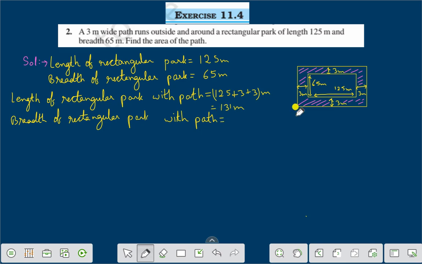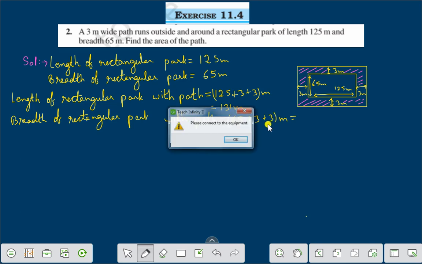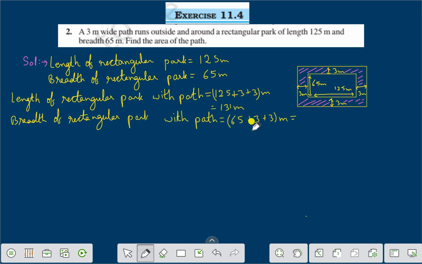Here you see the breadth is, this is 65, this is 3 meter, this is 3 meter, that means 65 plus 3 plus 3, that is 65 plus 3 is 68 plus 3 is 71 meter, right? Now to find the area of path.